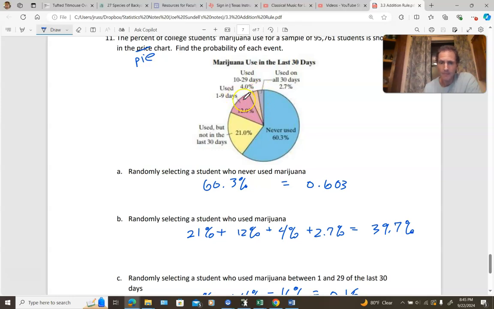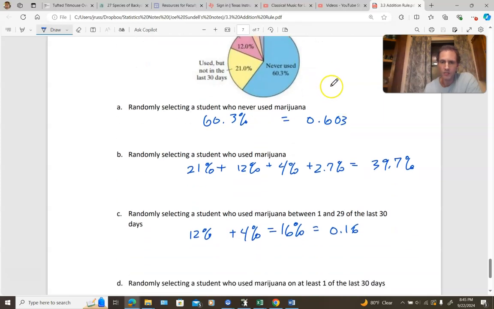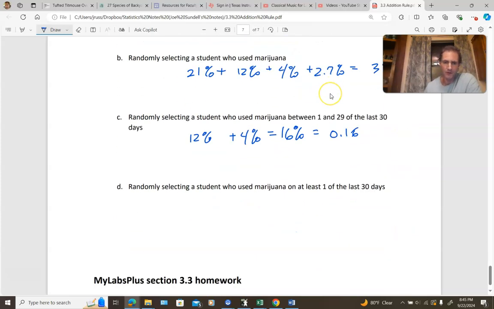Okay, so that's going to end up being 12% plus 4% plus 2.7%. So you're really just including that very last small slice of the pie there. So this is going to end up being 18.7%, or 0.187.